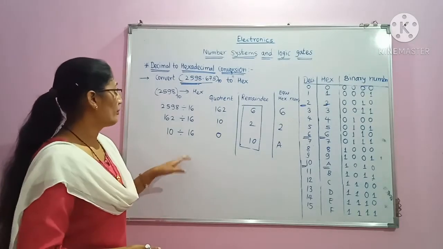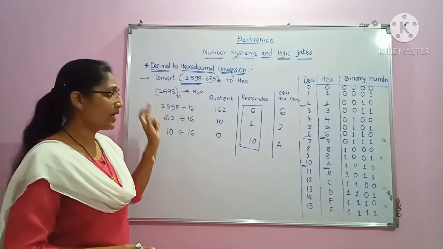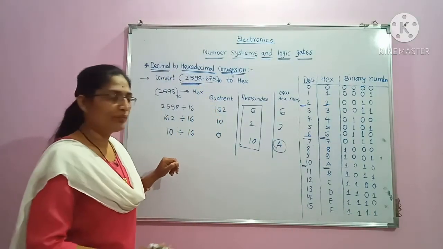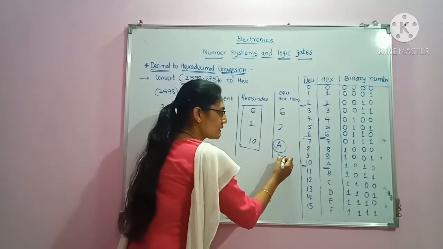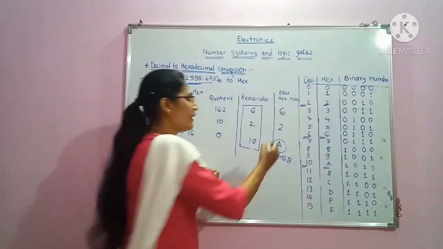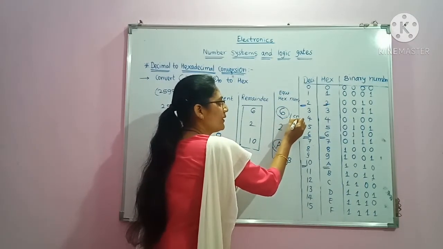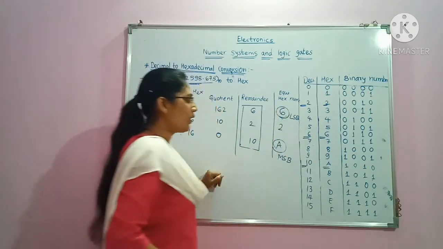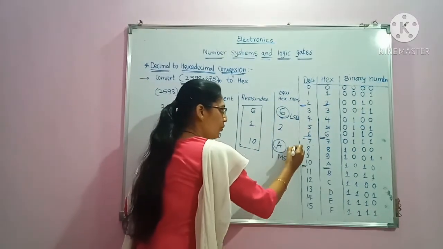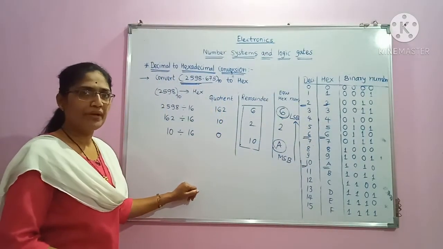So we have to remember that if we are representing an integer part, then the lower value will become the most significant bit, and the upper value will become the least significant bit. And while writing the number, you have to move from most significant bit to least significant bit.